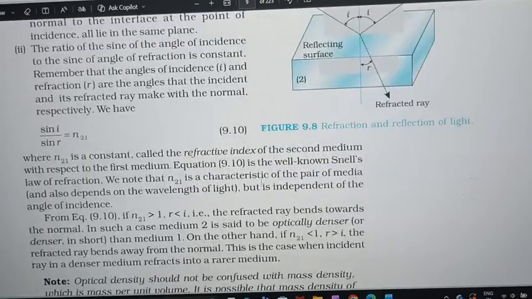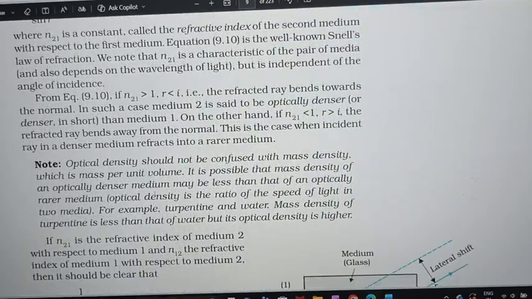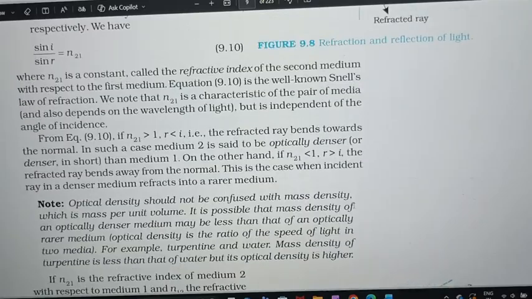Now rarer and denser medium is not like normal density, mass by volume. This is optical density. Optical density is nothing but related to the ratio of the speed of light in two media, that is, how the speed is getting influenced. It is not normal density. Some materials might have more mass density, mass by volume will be more, but their optical density may be less.